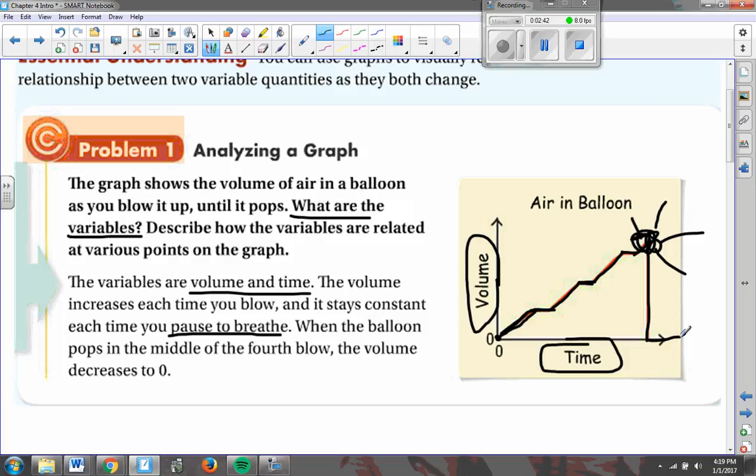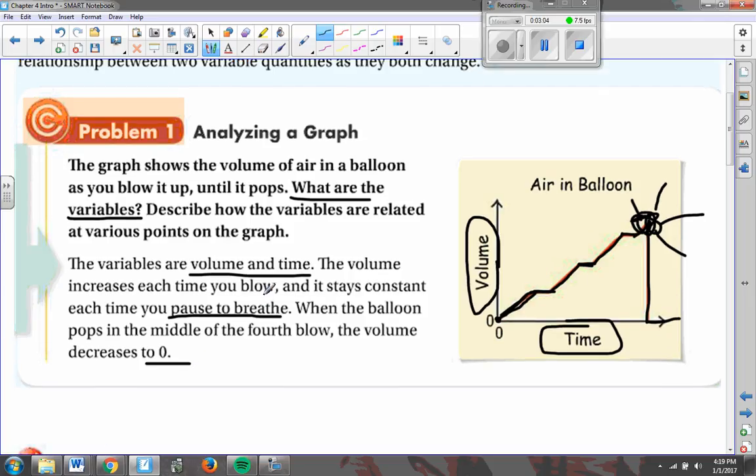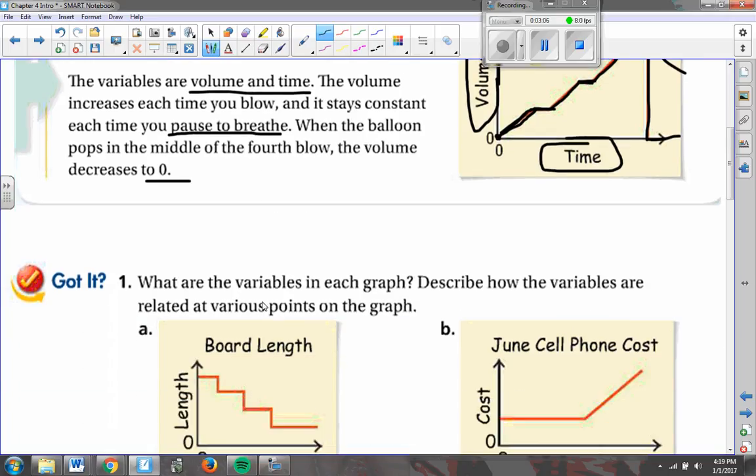So that point is where it pops. Right? When the balloon pops in the middle of the 4th blow, after 3 breaths, the volume decreases to 0 instantly. Okay, so all we're doing here is we're saying what the two variables are, and we're analyzing the real life situation that we're seeing here in the graph. Okay, so we'll do one more together, then I'll have you do one yourselves.